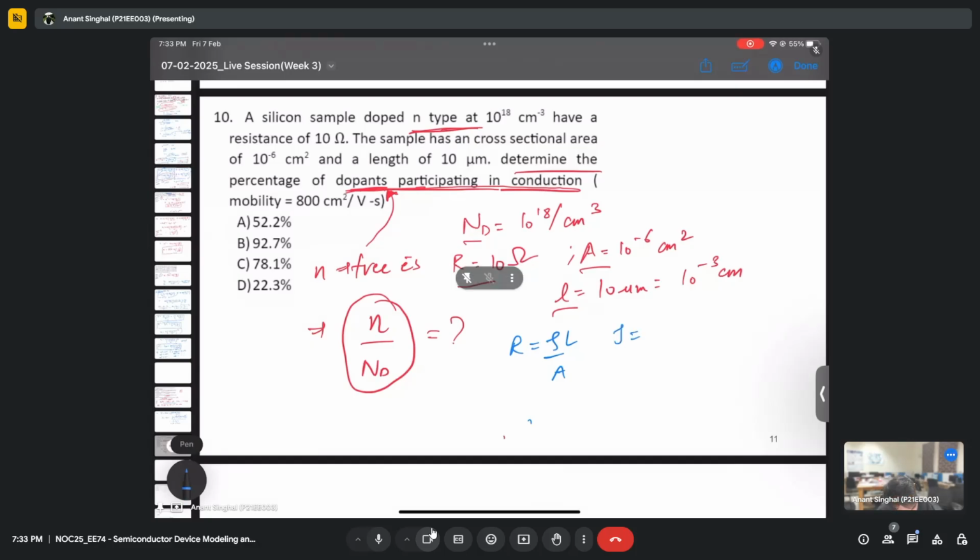R is 10, A is 10 to the minus 6, and L is 10 to the minus 3. So conductivity will be 1 upon that, which will be 100, right?